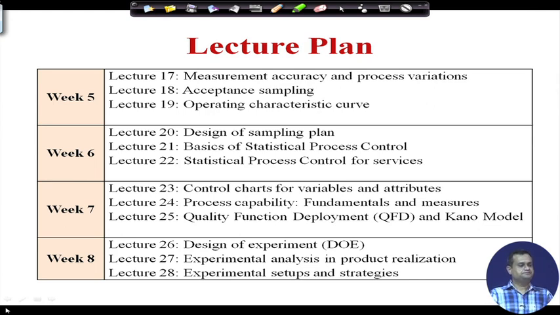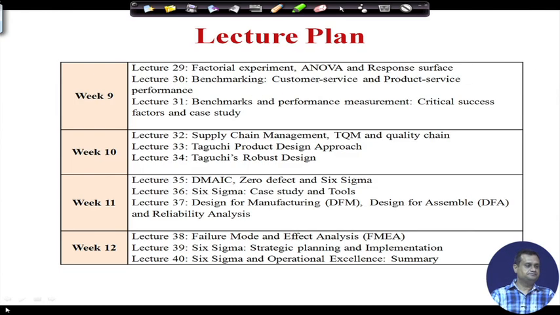Week 7, lecture 23, control charts for variables and attributes, lecture 24, process capability fundamentals and measures, and lecture 25, QFD and Kano model. Week 8 will include lecture 26, design of experiment, lecture 27, experimental analysis in product realization, lecture 28, experimental steps, setup and strategies.